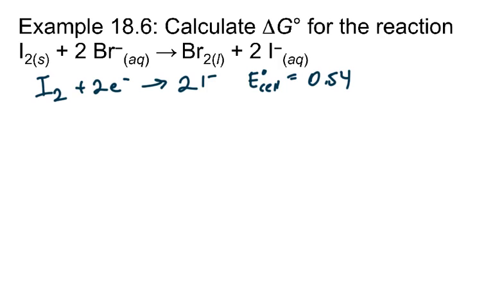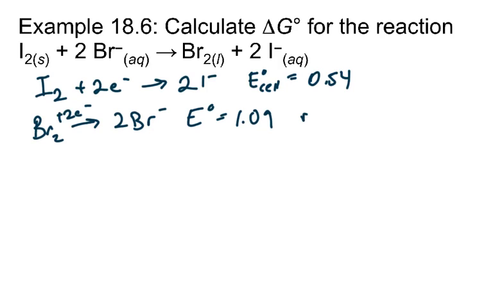Then my potential for bromine plus 2 electrons going to 2 Br minus is 1.09, so reverse, negative 1.09. So my overall cell potential is 0.54 minus 1.09, which is negative 0.55.